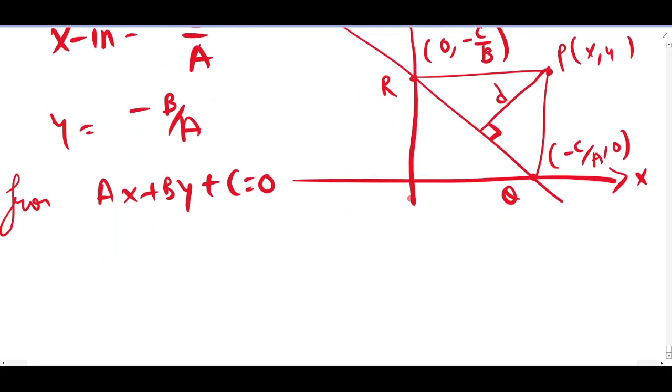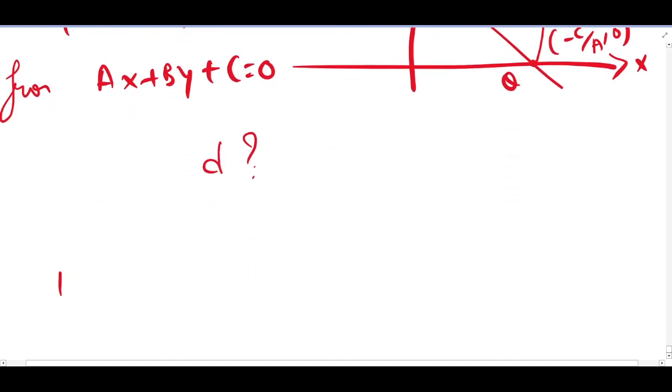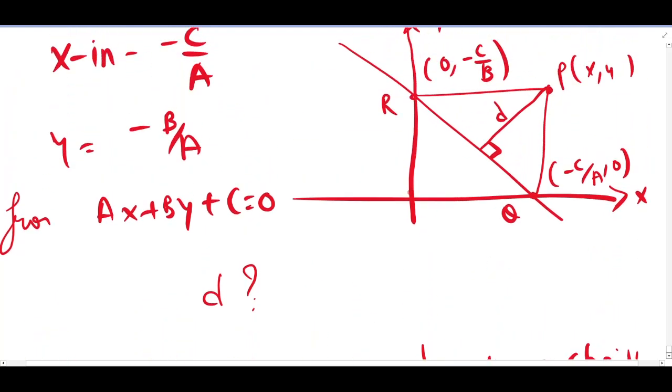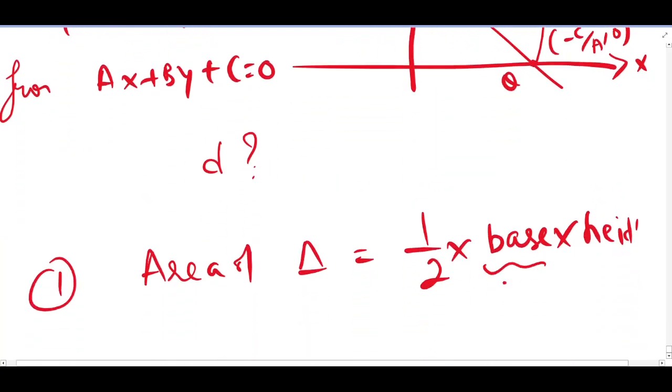So from here we have to find distance d. So first is area of triangle. Area of triangle is given by half into base into height. So base is RQ and height is d.